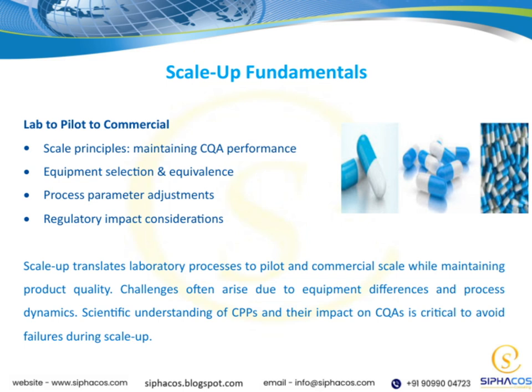What works at a small scale might need tweaking as we grow, but we have to do this carefully to preserve product quality. Additionally, we need to consider regulatory impacts, because as we scale up, regulatory expectations can influence our choices and design. Ultimately, the challenge is translating what we learn in the lab into larger-scale operations without losing control over the critical factors that define product quality.